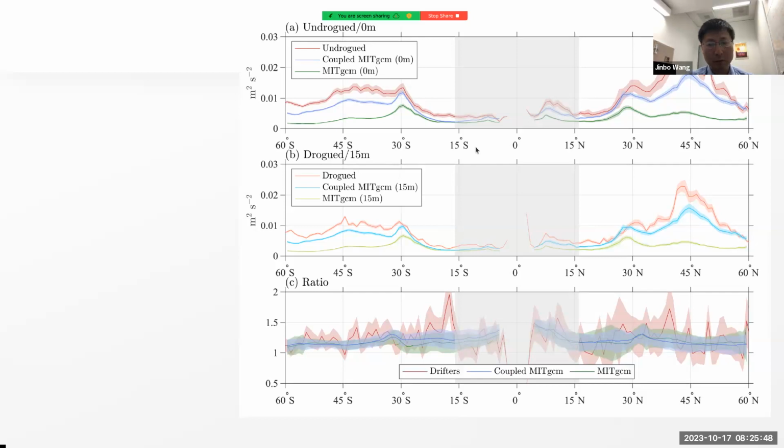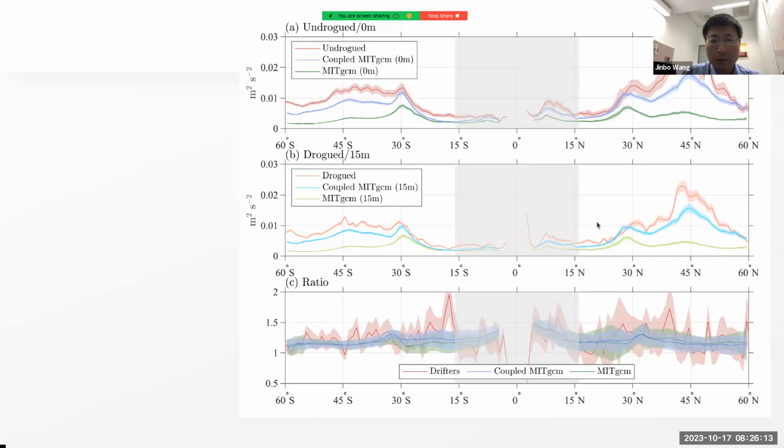This is actually from Brian Arbic and Shen. Compared to the most recent couple, MRTGSM and Drifter over the near-inertial oscillation band. The upper panel is undrogued, the middle panel is drogued Drifter, and the third panel is the ratio.